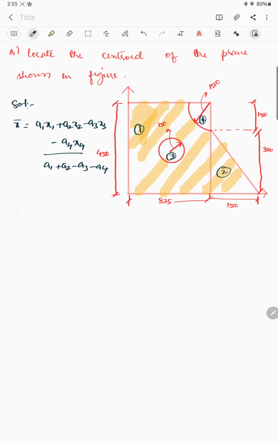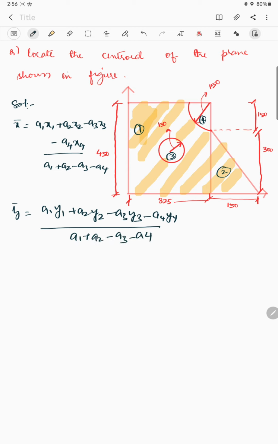And similarly, y bar will be equal to (a1 y1 plus a2 y2 minus a3 y3 minus a4 y4) whole divided by (a1 plus a2 minus a3 minus a4). This is how we have to calculate the centroid of the entire composite figure.